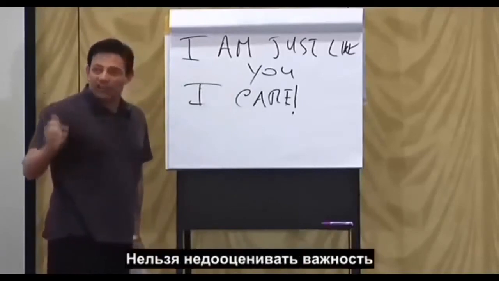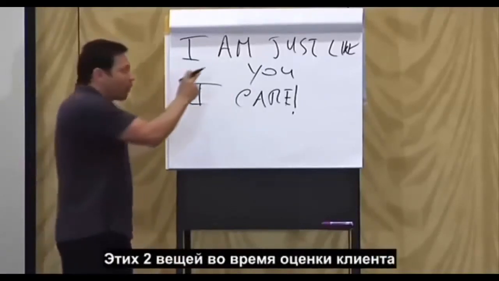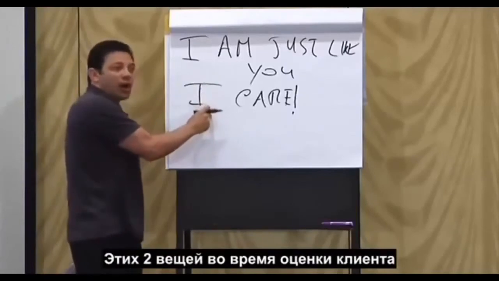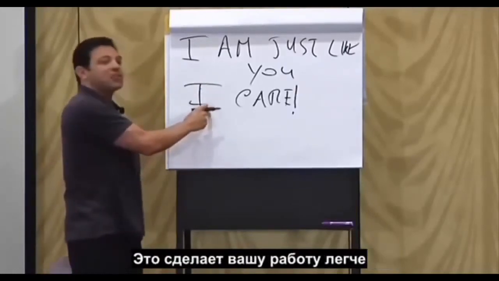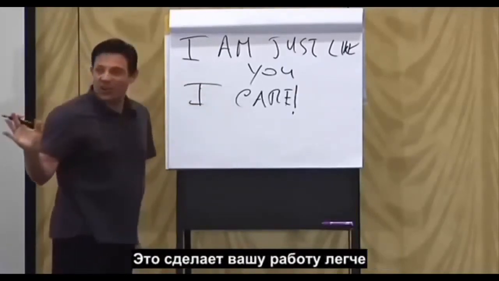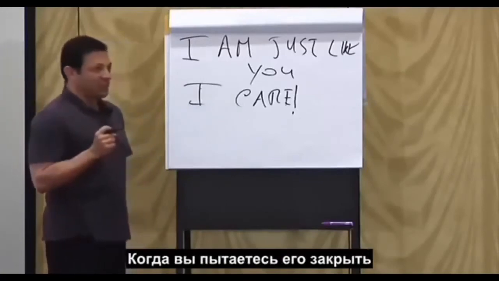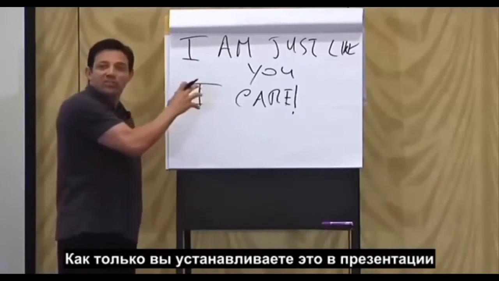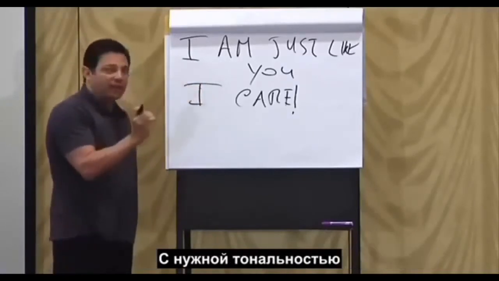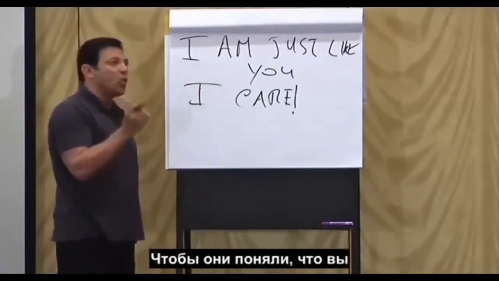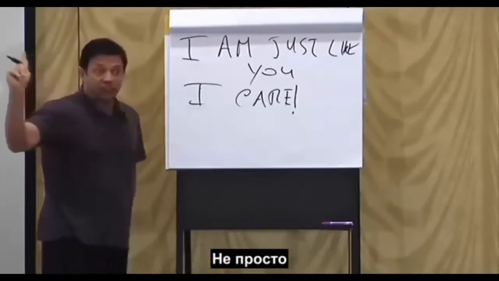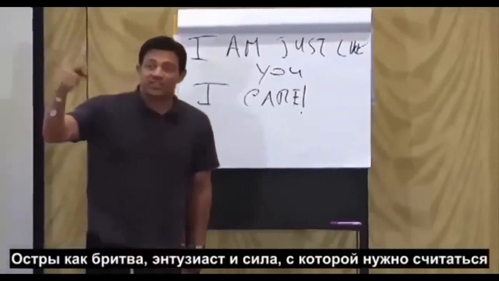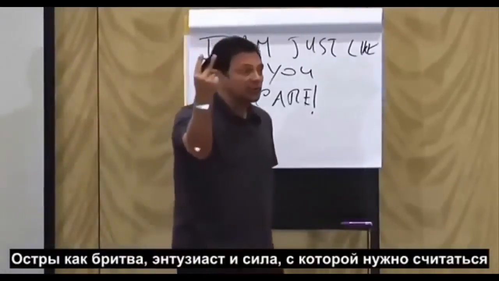I cannot overestimate the importance of establishing these two things while you're qualifying. They're going to make your job infinitely easier when you try to close this person in 3 more minutes. The effort you put into this part of your presentation is precise tonality so they get to understand you are not just sharp as a tack, enthusiastic as hell, and a force to be reckoned with.